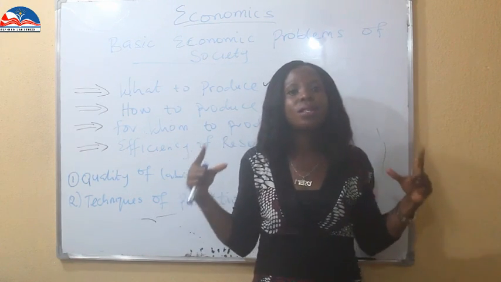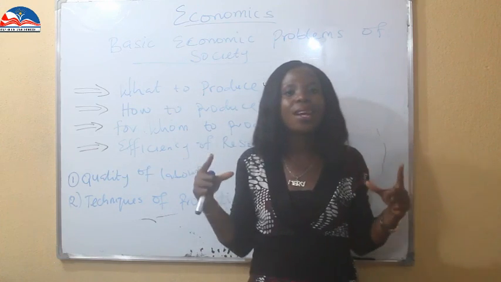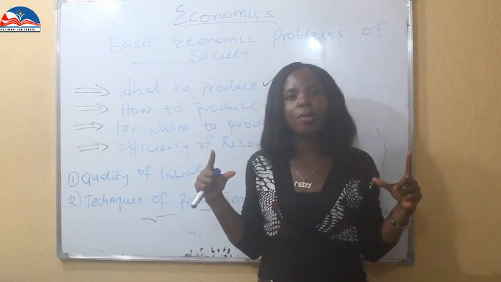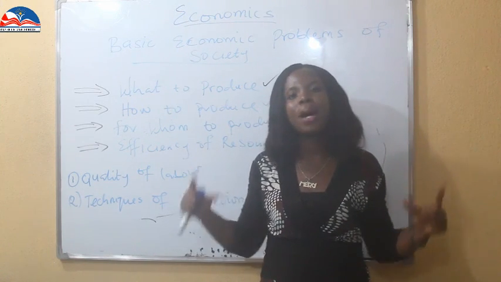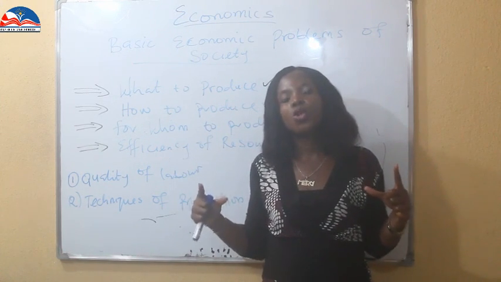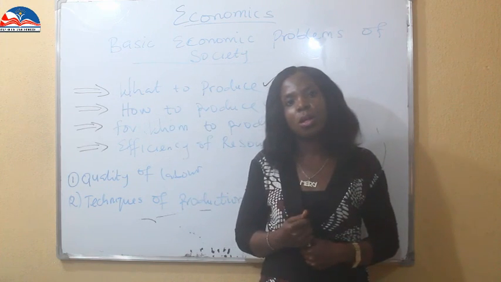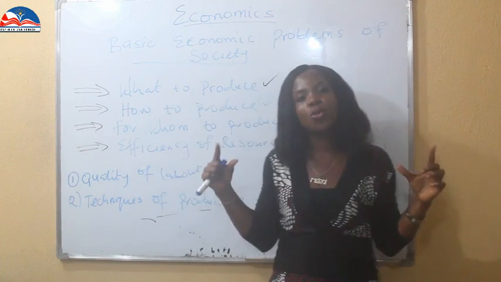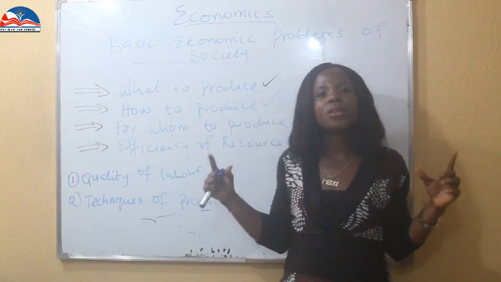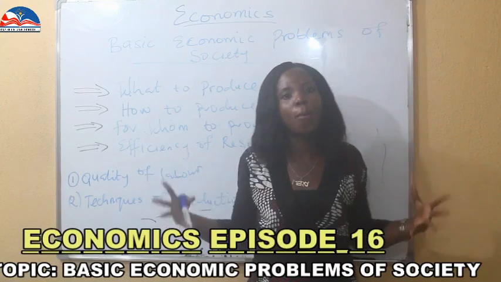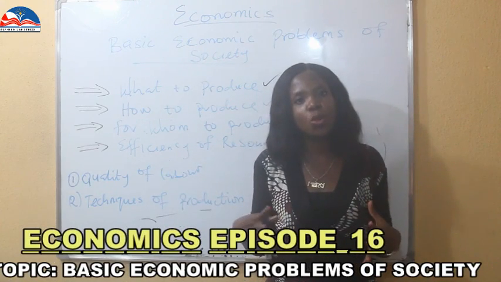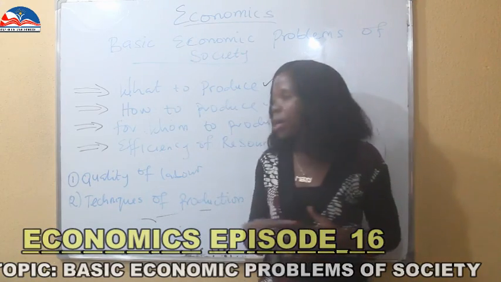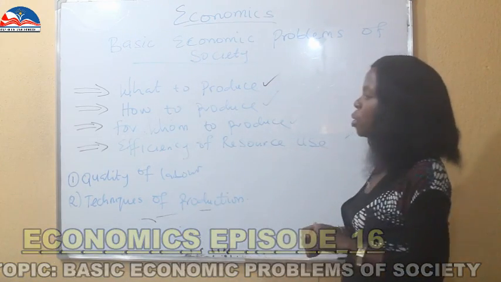The relatively scarce resources to create efficient, effective products for consumers. How will they manage what is available to create this product? And then, the area of source of raw materials. The raw materials available, how can they combine it with other factors to bring about production process? That is the last one, efficiency of resources use.